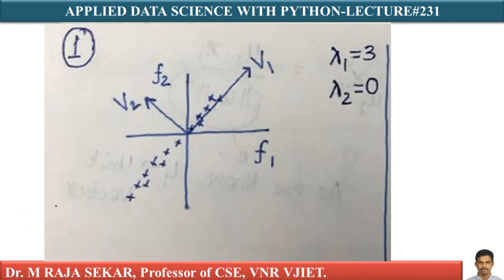I will not lose any information because there is no spread along v2. We saw that spread means information. Spread and information are related ideas.